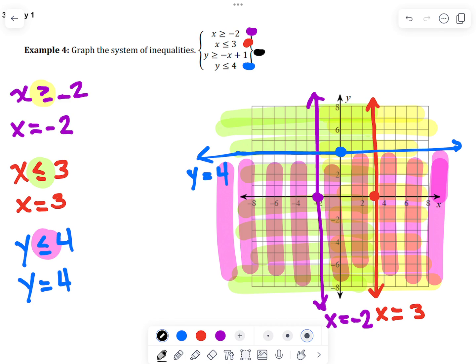Last one. Y is greater than or equal to negative x plus 1. So our slope is negative 1, and our y-intercept is 1.